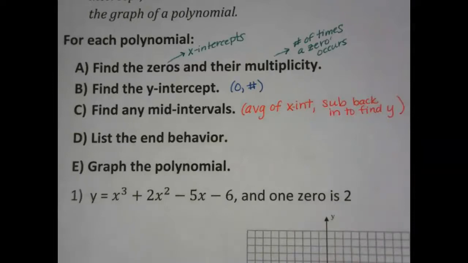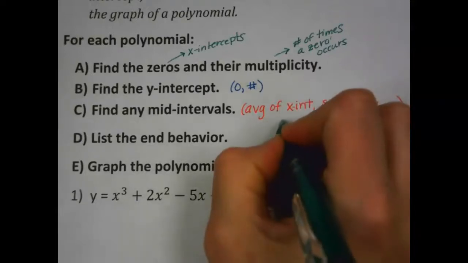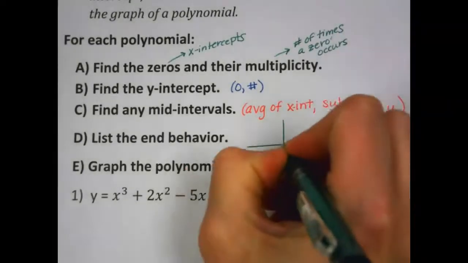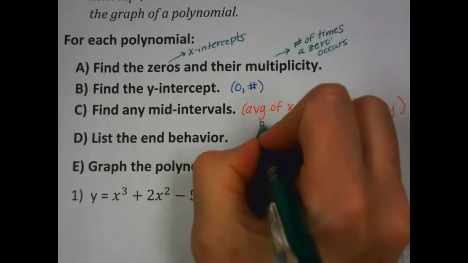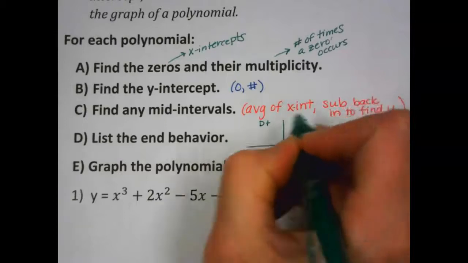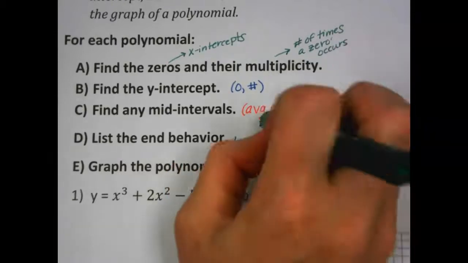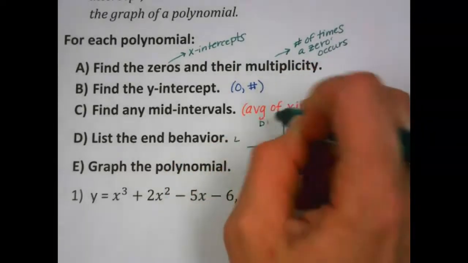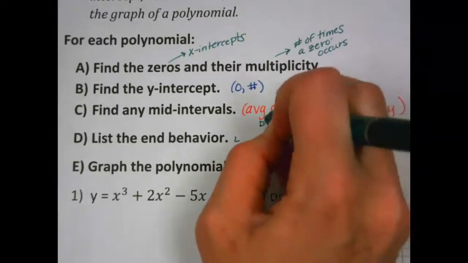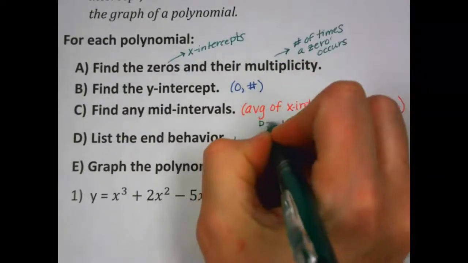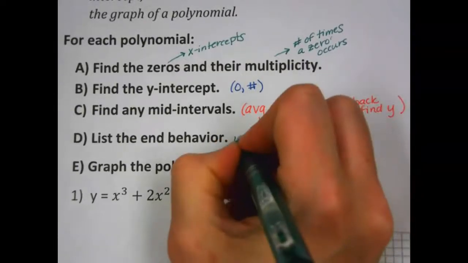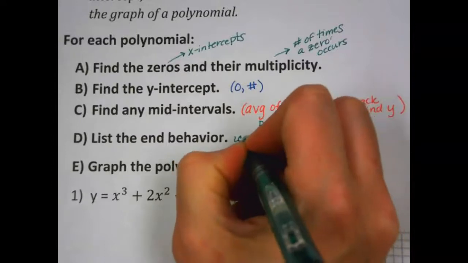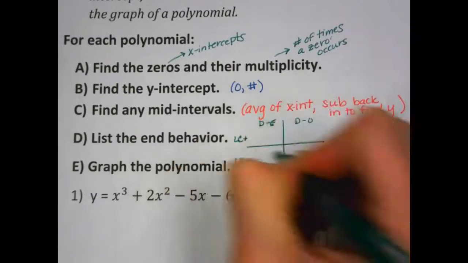Then we will list the end behavior. End behavior, we did back first semester. We'll run through it really quickly again. That's when you're going to look to see if your degree is even or odd, and your leading coefficient is positive or negative.